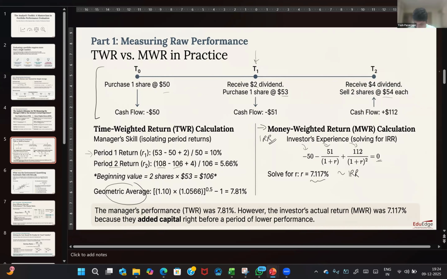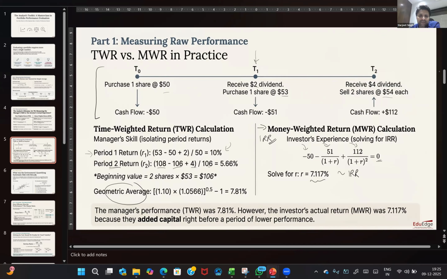Your base is two shares at 53 basically, because I've already accounted for the rise of one share in period 1. So period two's perspective is always from the end of period 2 versus the beginning of period 2, along with the dividend and the income earned.